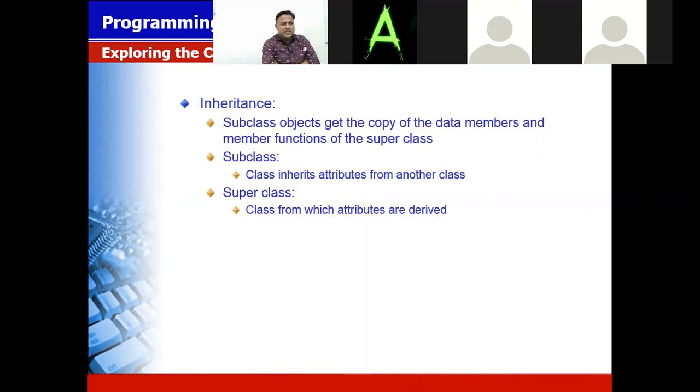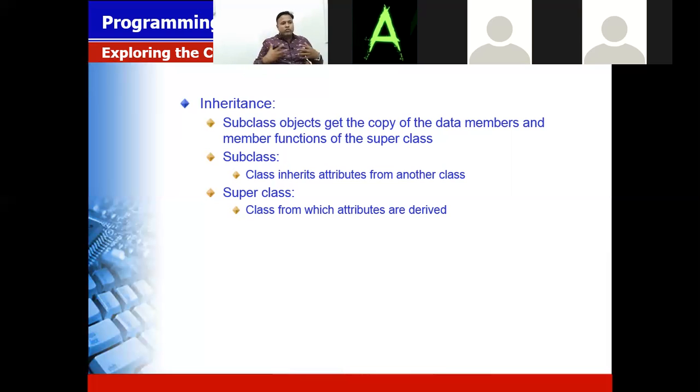I am giving an example: you copy the features of your parent. So here, you people are called the subclass. Your parent is called the superclass. A subclass can be called a derived class. It can be called a child class. Okay, and the superclass is called the parent class, meaning from which the attributes are derived.